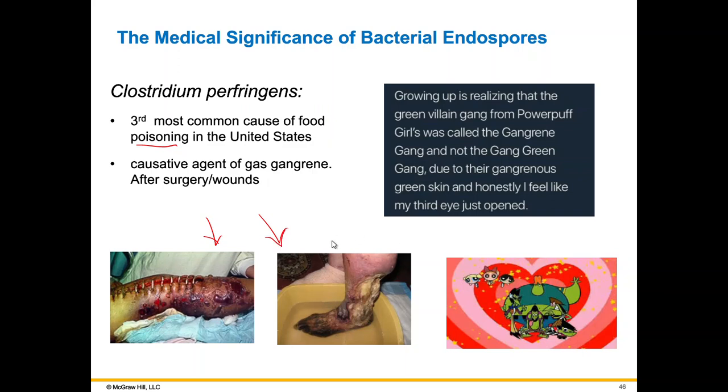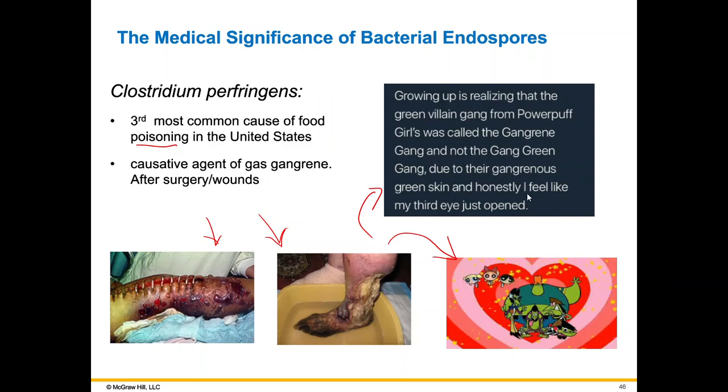But I also wanted to make this a little happier, so I put in this image. If you're even close to my age, you might remember watching the Powerpuff Girls whenever you were younger. I always thought what they were saying was the Gangrene Game. Growing up is realizing that the green villain gang from the Powerpuff Girls was called the Gangrene Gang and not the Gangrene Game, due to their gangrenous green skin.